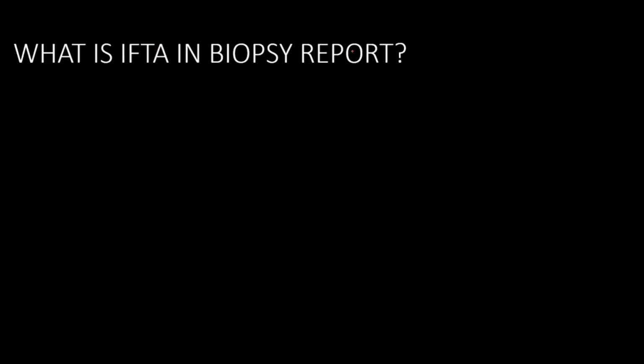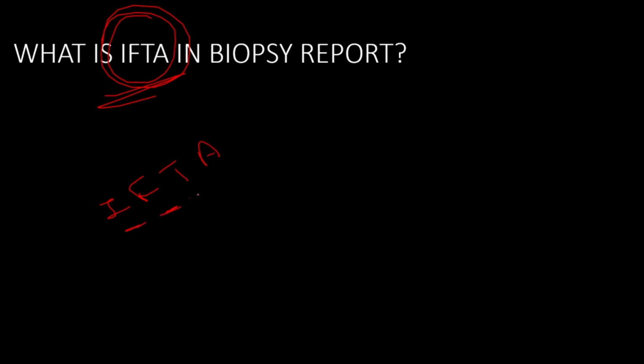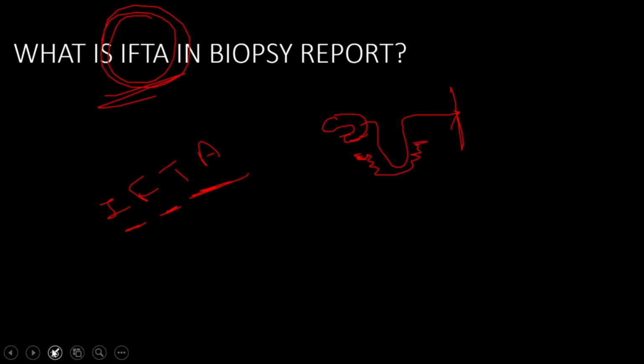And there are two important terminologies you should know in biopsy. In a biopsy report, you might see the term IFTA, which stands for interstitial fibrosis and tubular atrophy. As you see, apart from the glomeruli, the tubules and the nephron sit in the interstitium.